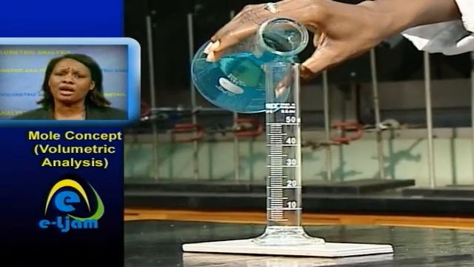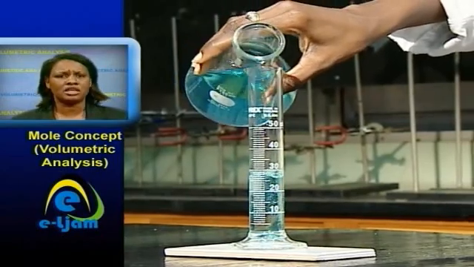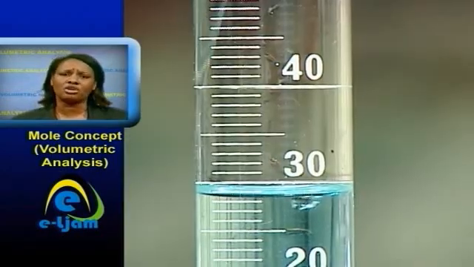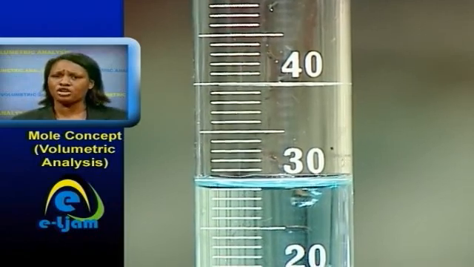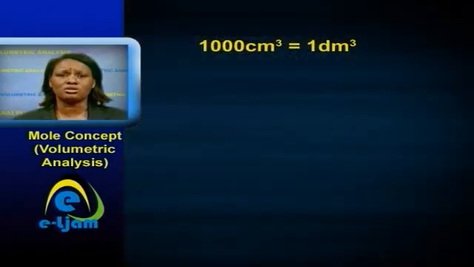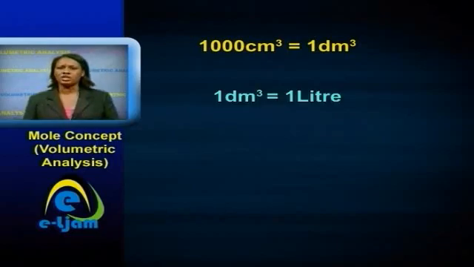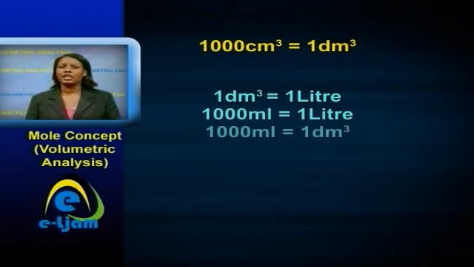Given that most apparatus for measuring the volumes of liquids is calibrated in centimeters cube or milliliter or liter, it is important that one can freely convert from one unit into the other. 1000 cm cube is equal to 1 dm cube. Given that 1 dm cube is equal to 1 liter and 1000 milliliter is equal to 1 liter, then 1000 milliliter is going to be equal to 1 dm cube.